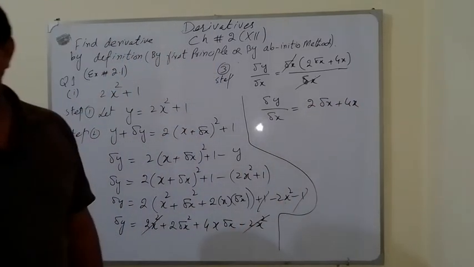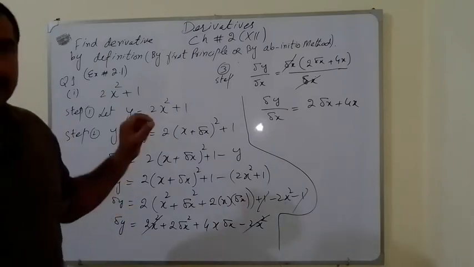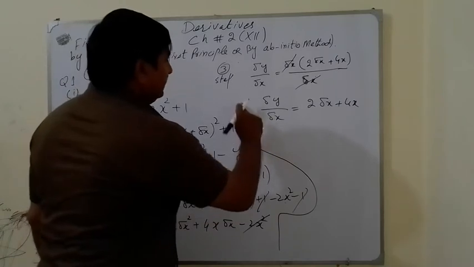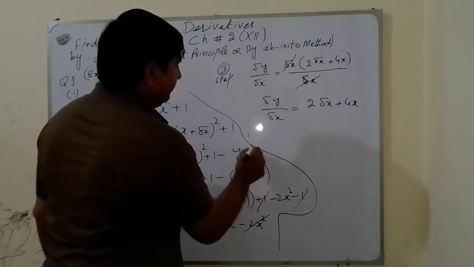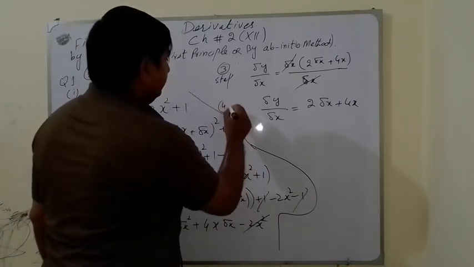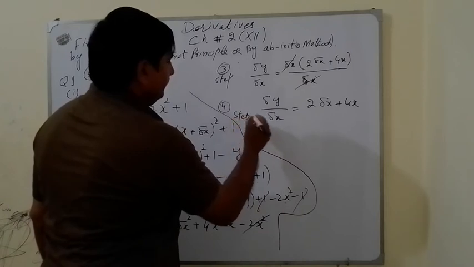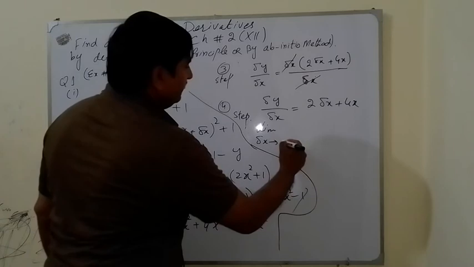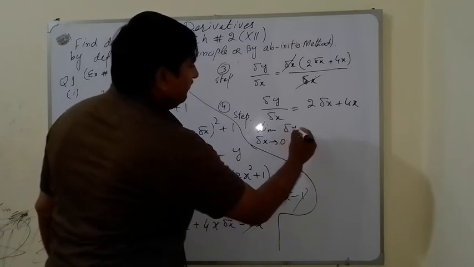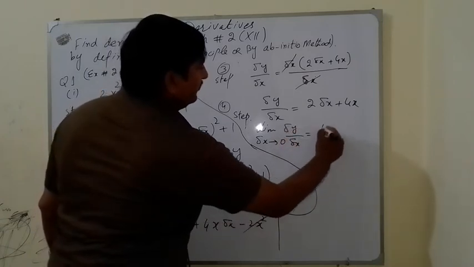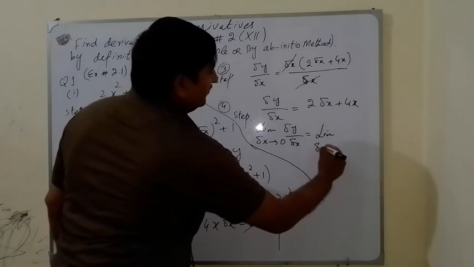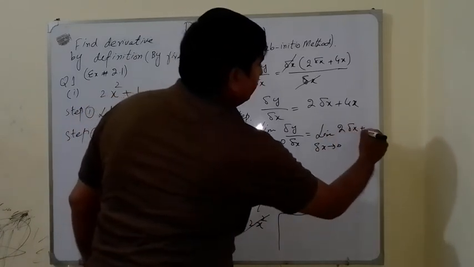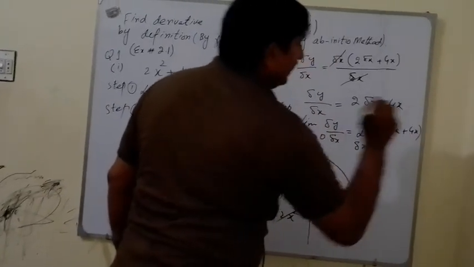The last step, the fourth step, is that we have to apply the limit delta x goes to 0. So the fourth step is applying the limit on both sides. I just write here the limit delta x goes to 0 of del y over del x, which is equal to the limit del x goes to 0 of 2 del x plus 4x.